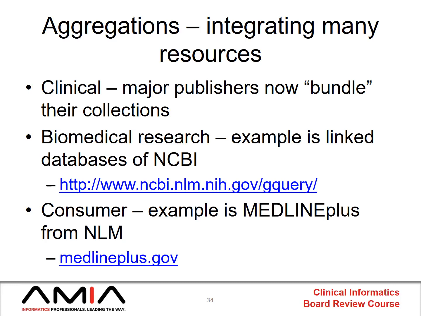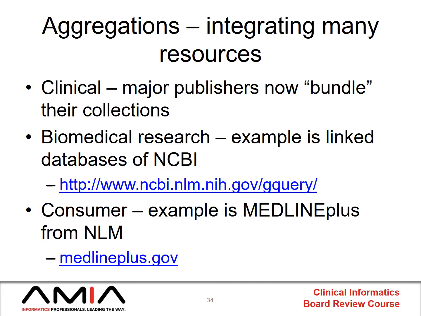There are also aggregations around biomedical research topics. For example, the myriad of linked databases from the National Center for Biotechnology Information, where there are gene sequences, which are linked to genes, which are linked to descriptions of gene variants, which are linked to descriptions of diseases caused by gene variants, and so forth.